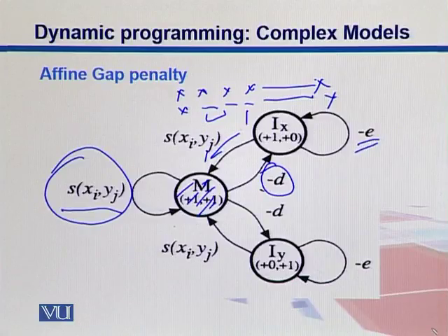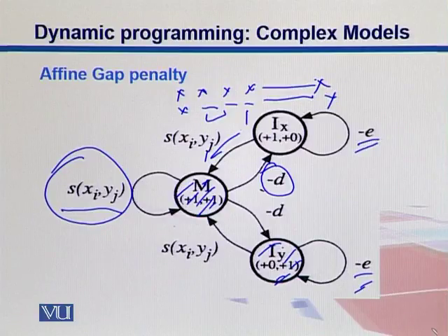In the same way we can have another situation where we have an insertion on y, where elements are present on the second strand. That is the Iy state. So here again minus d, and if it keeps staying over here, there will be the penalty like this, and it can go back to this situation. In this way we can model our system with the help of this diagram and recognize three important states in our system.